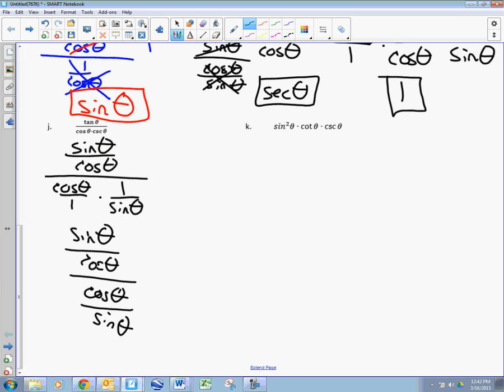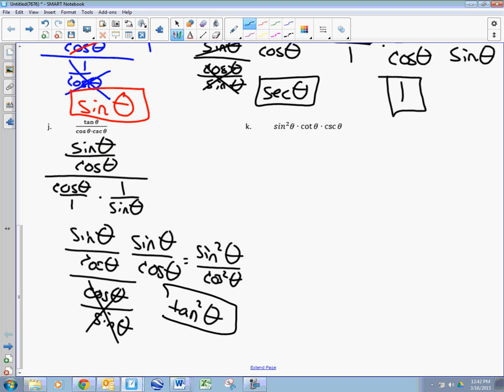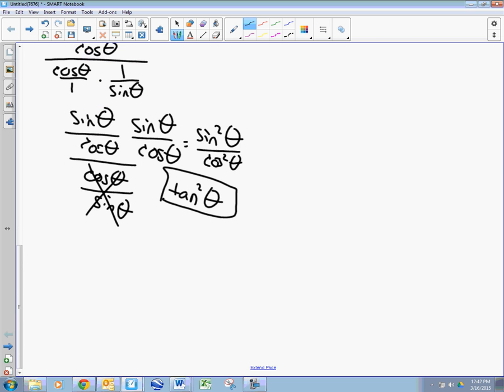So I'm going to multiply by the reciprocal, so you get sine of theta over cosine of theta. Do they cancel? No. You get sine squared over cosine squared. And sine squared over cosine squared is tangent squared. There's your answer.